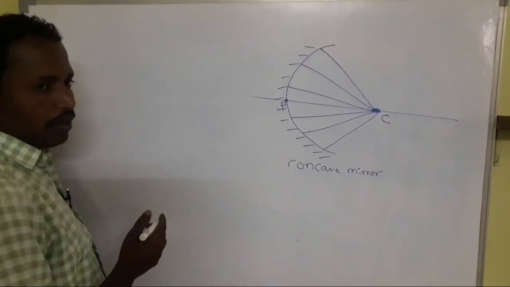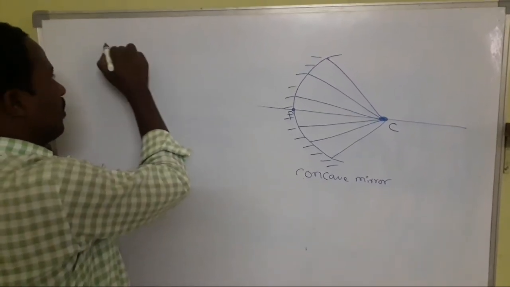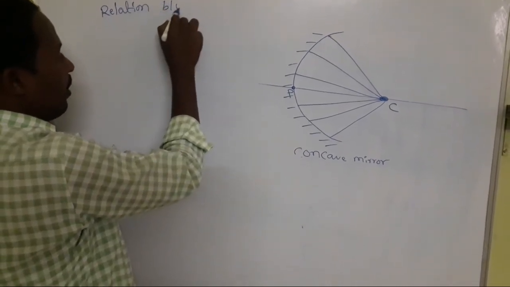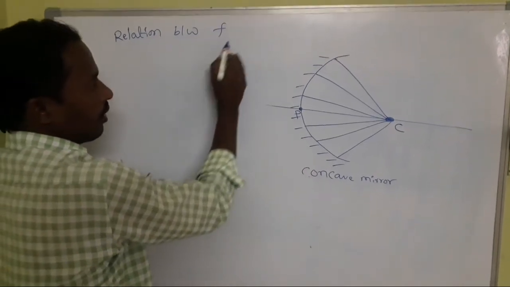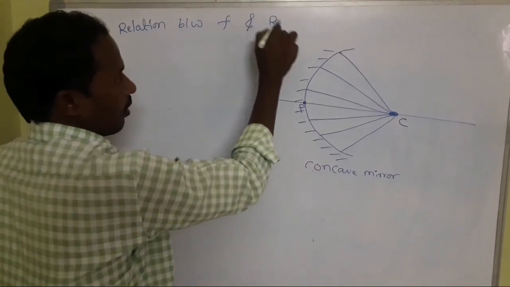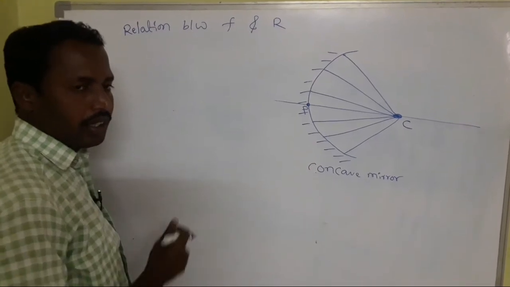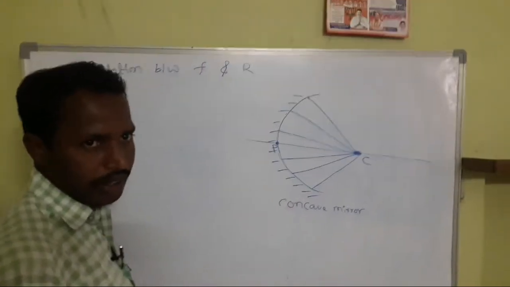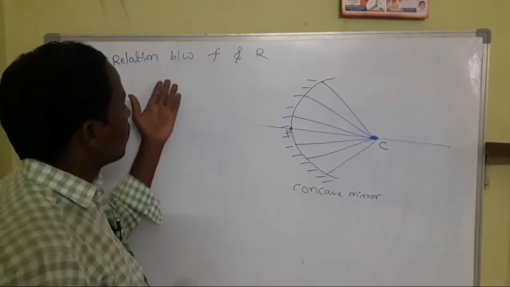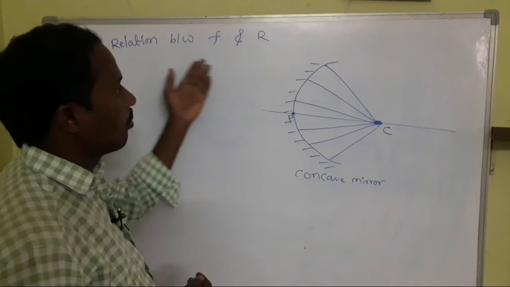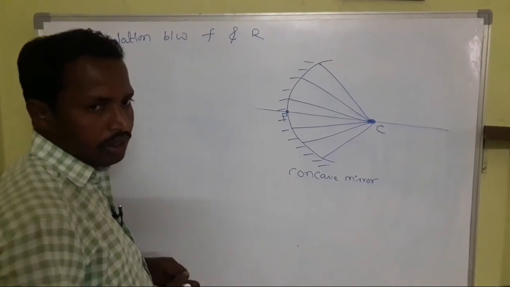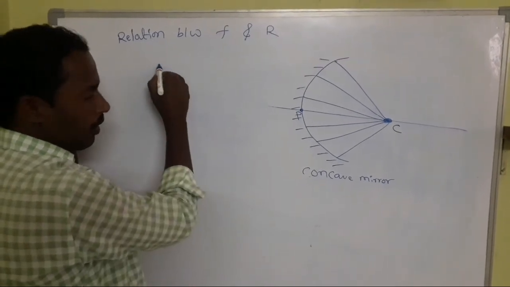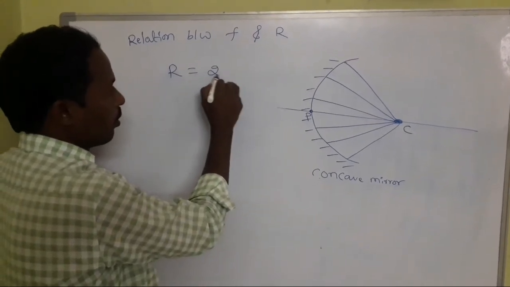Next, what is the relation between focal length f and radius of curvature R? It is important. The Polytechnic examination in 2018 already asked a question about the relation between f and R. The radius of curvature R is equal to 2f.